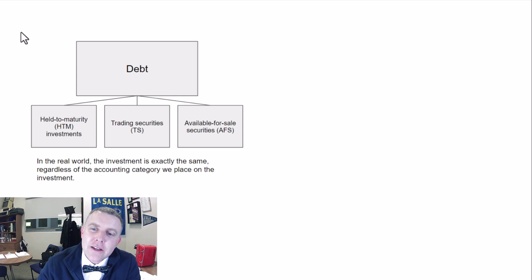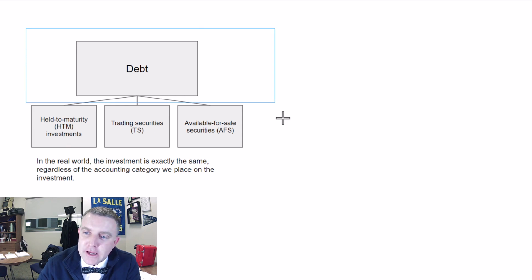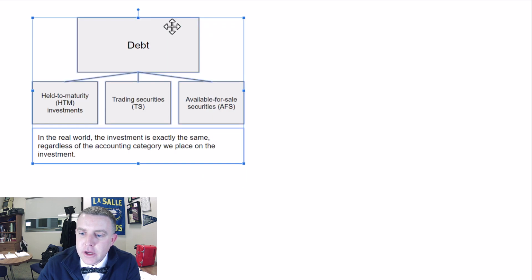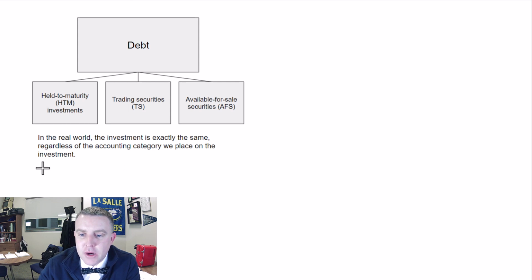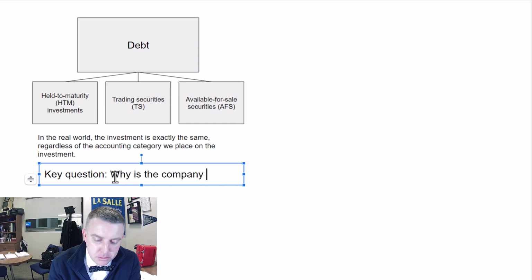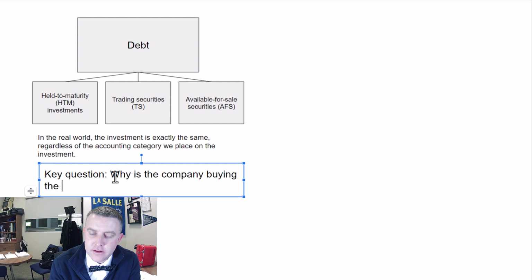Well, what counts as useful information really depends on one key question. Let's put another text box in here. The key question: why is the company buying the bonds?